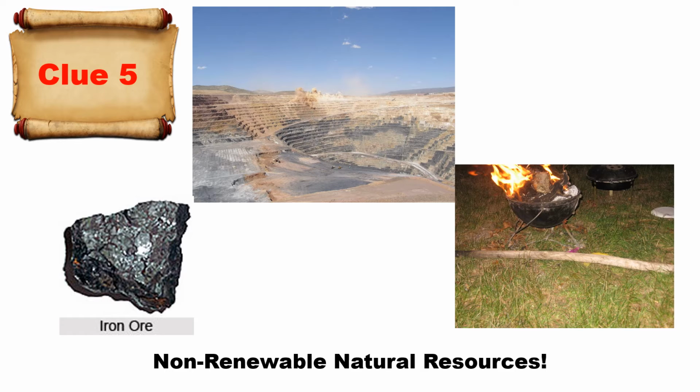Both are mined or excavated from the ground and take millions of years to replenish. You can see here an open cast mining. From that open cast mine, which is up here, you can see iron ore which is taken out. From the iron ore, they make this barbecue.